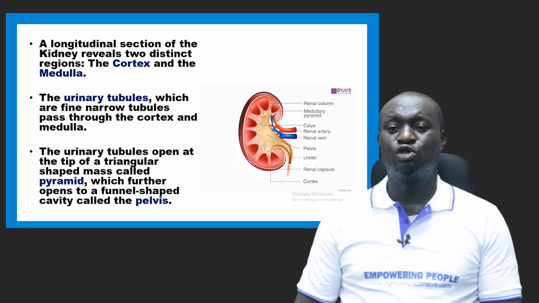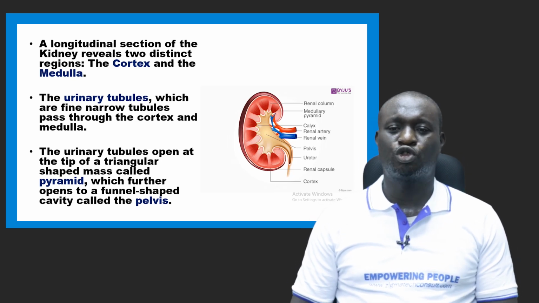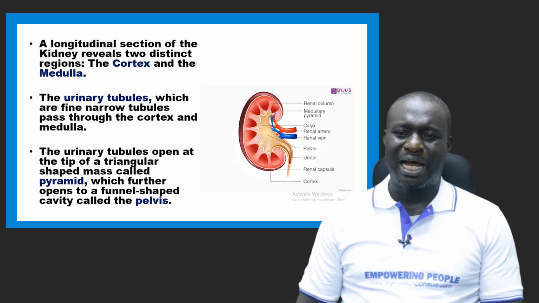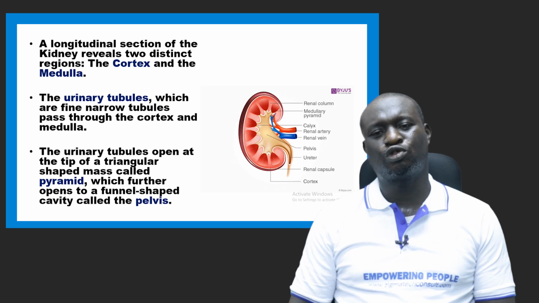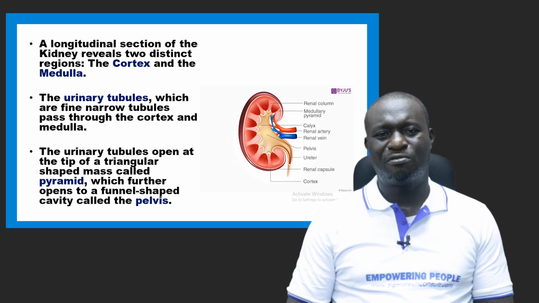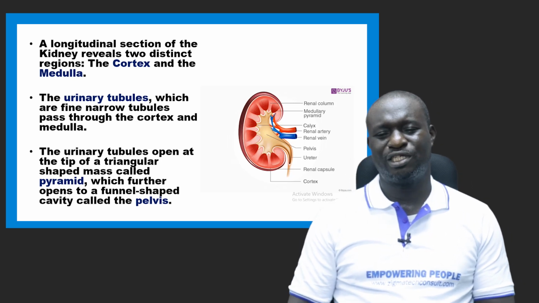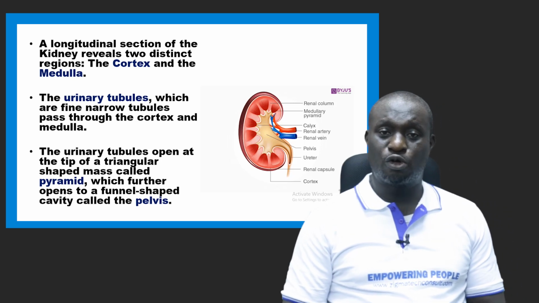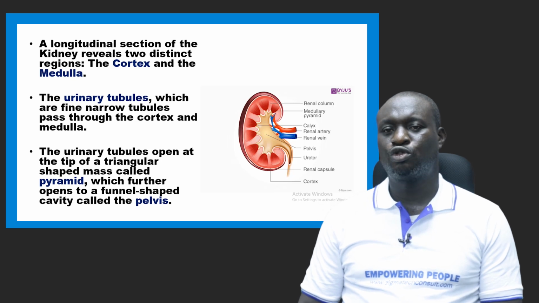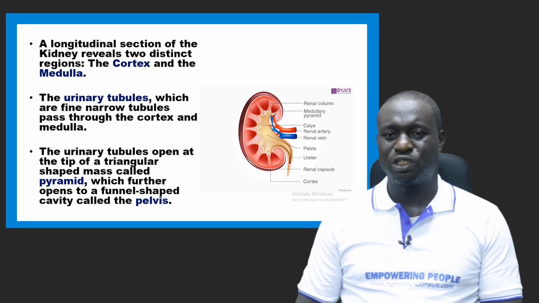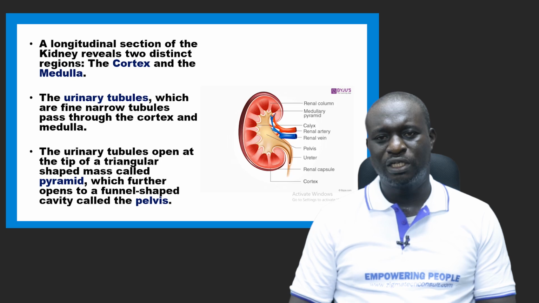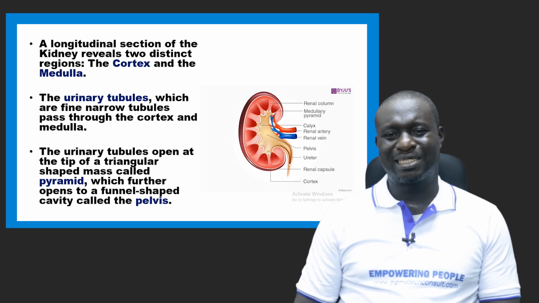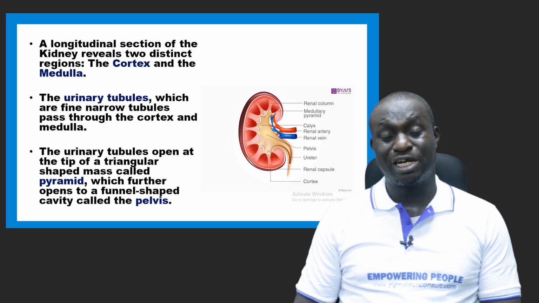All right. Now, the urinary tubules open to a triangular shaped mass which is called the pyramid, and the pyramid opens to another funnel shaped cavity which is called the pelvis, and the pelvis runs through to what we call the ureter, which is a long cord or tube that connects the kidney to the urinary bladder.